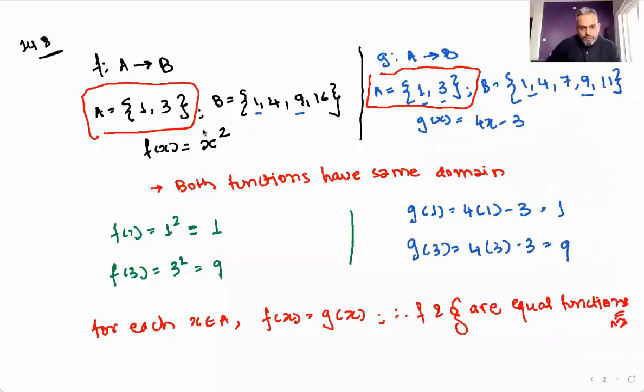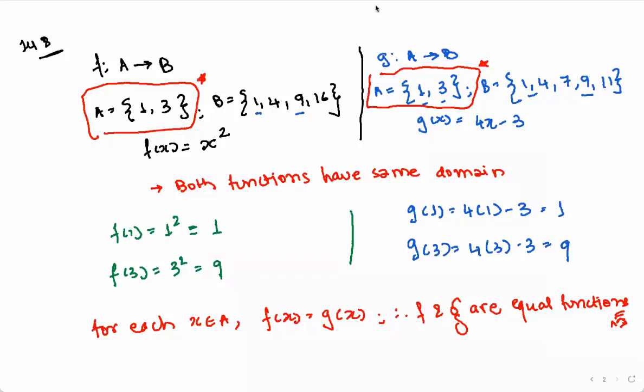so always remember the first condition should be that both the domains should be equal. At the same time, for the element of each domain for function f and function g, for 1 we get 1, for 3 we get 9, for this one we get 1, for 3 we get 9.